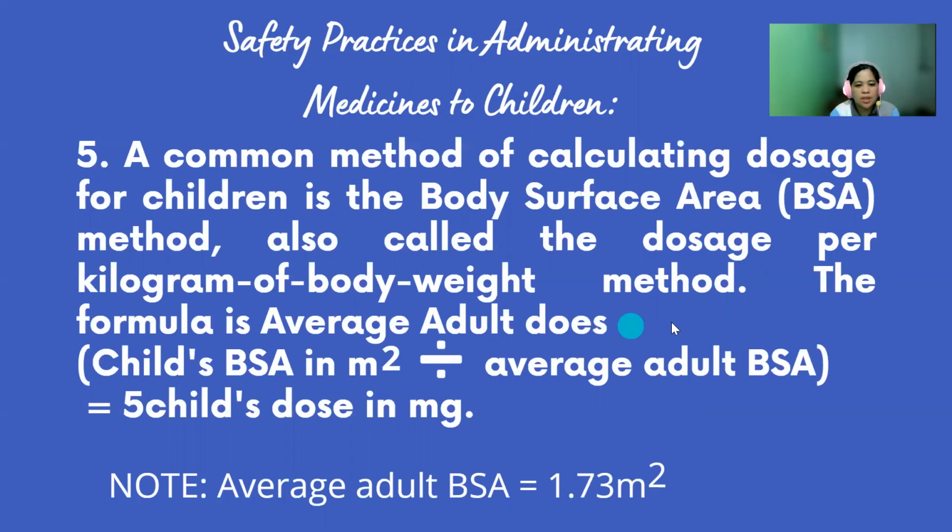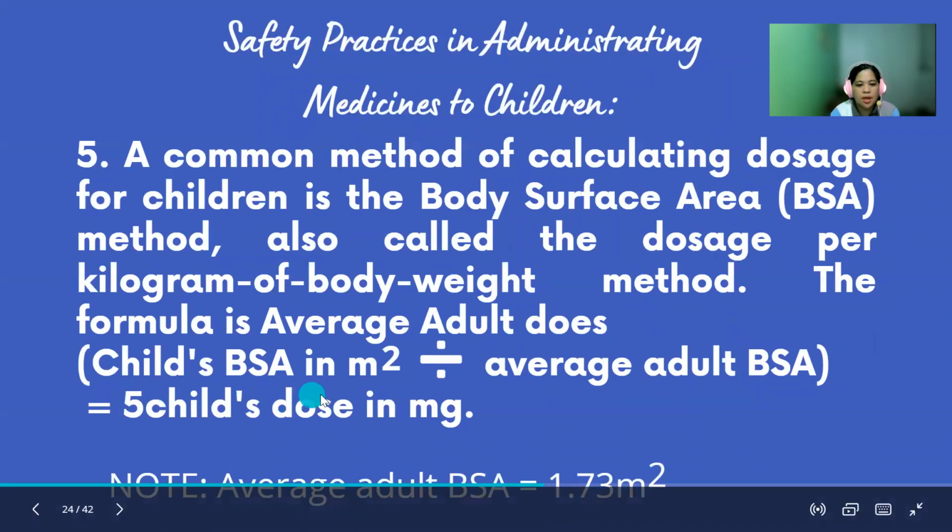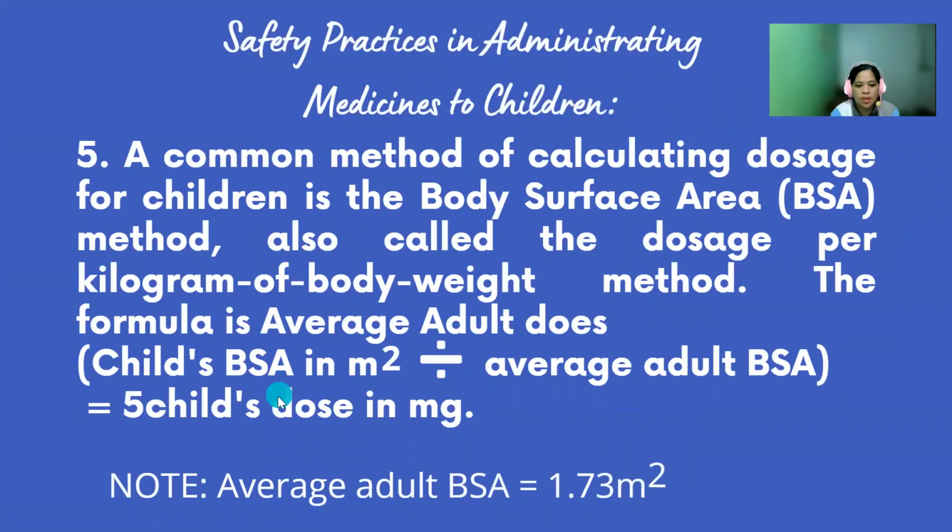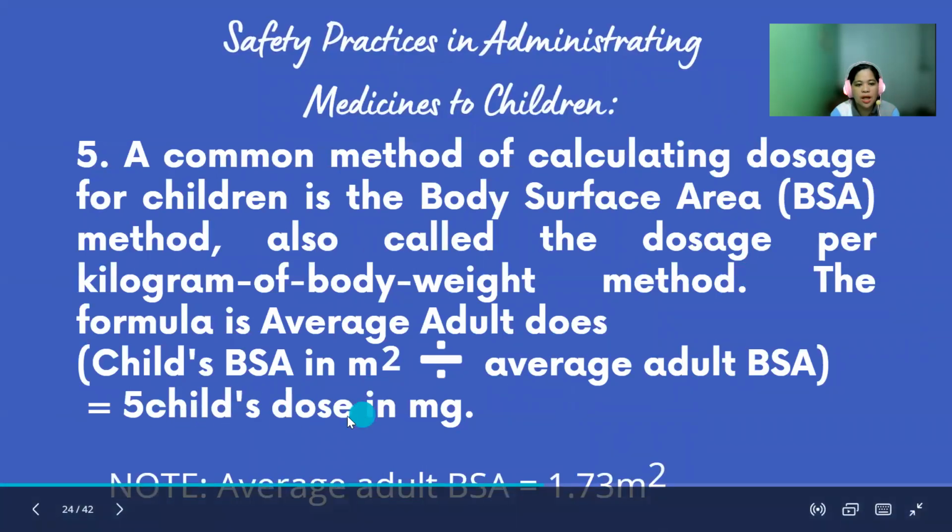The formula is: average adult dose times child's BSA in m squared divided by average adult BSA equals child's dose in milligrams. Note that average adult BSA is equal to 1.73 square meters.